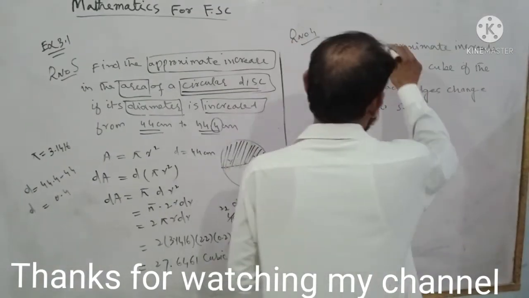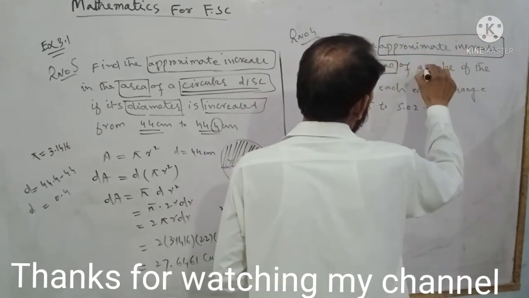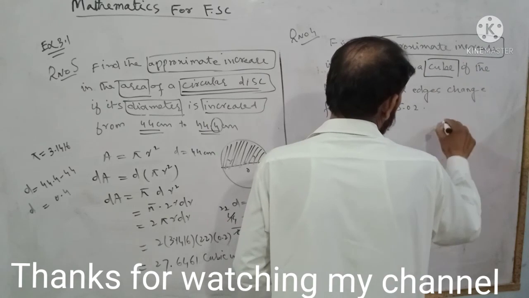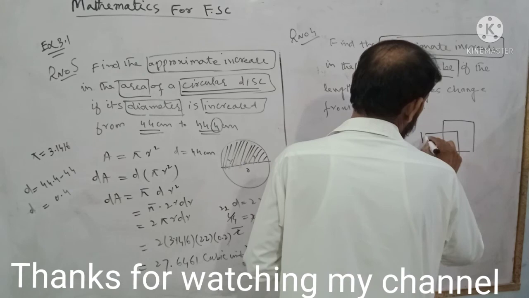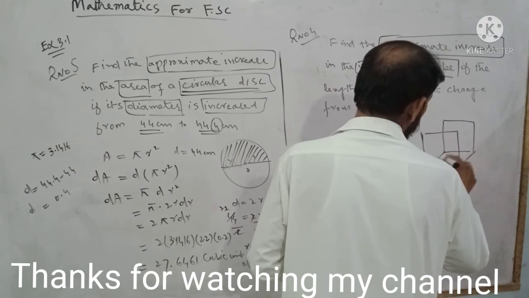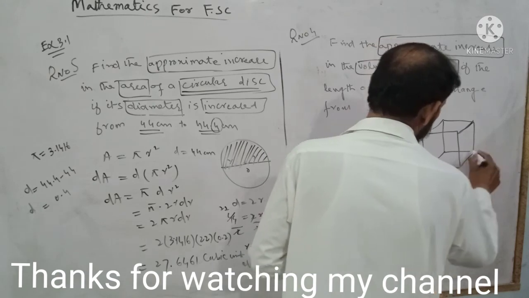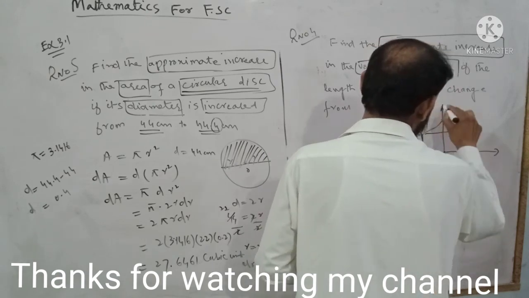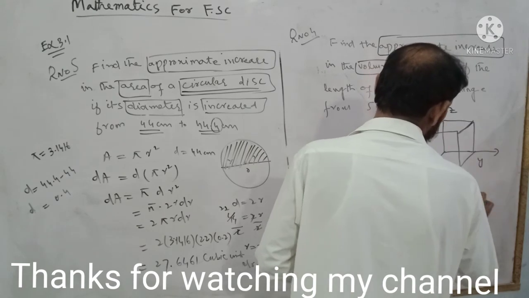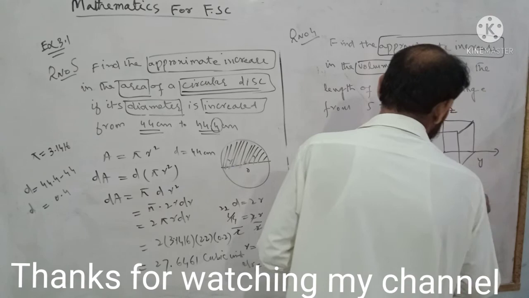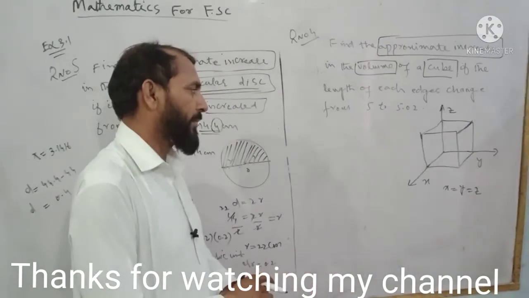So we take the next question. Find the approximate increase in the volume of a cube. First of all, we define the volume, V equals x y z. Here x, y, z are all equal: x is equal to y, y equal to z, and z is equal to x.